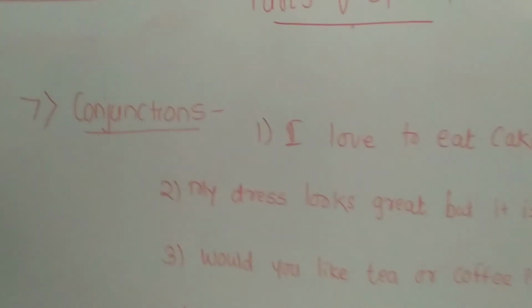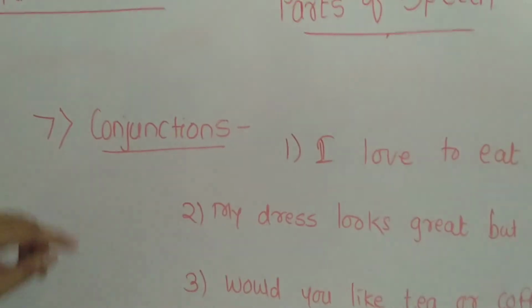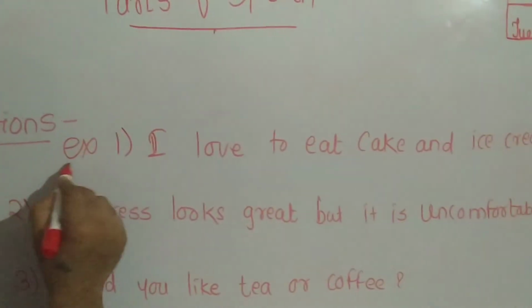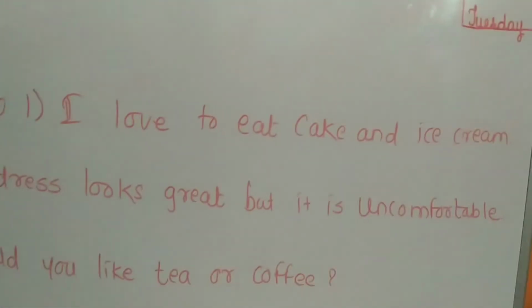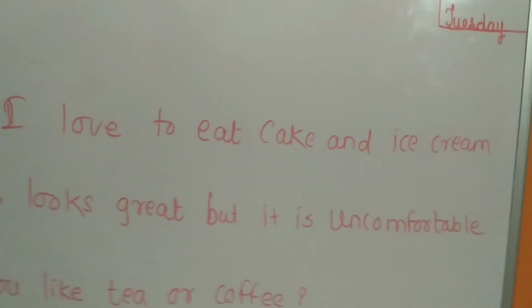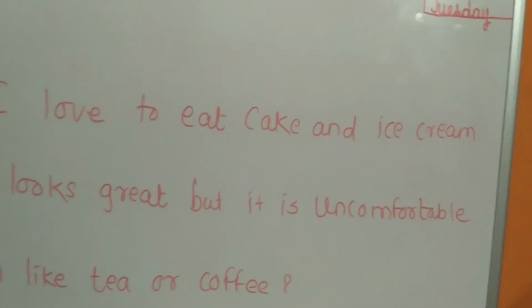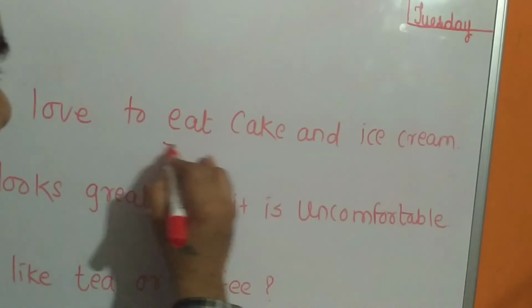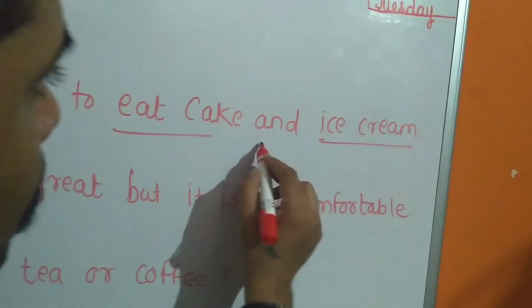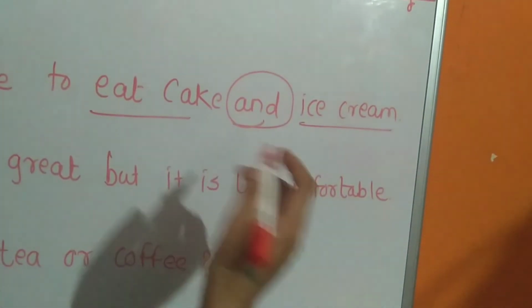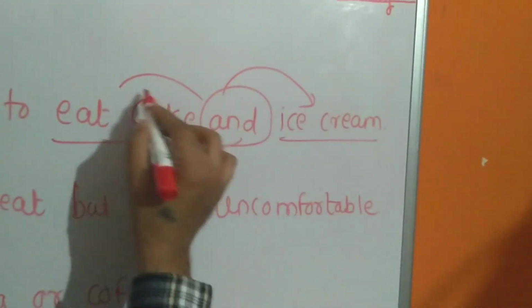Now see the examples of conjunction. The first example is: I love to eat cake and ice cream. Here cake and ice cream, so the word and joins two words.